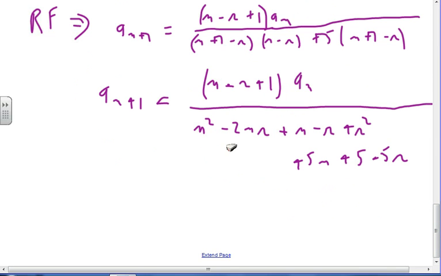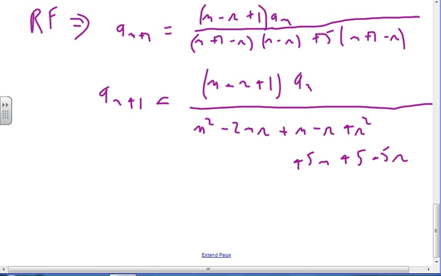N squared minus 2nr's, an n, a minus r, an n squared. Yep, I think so.